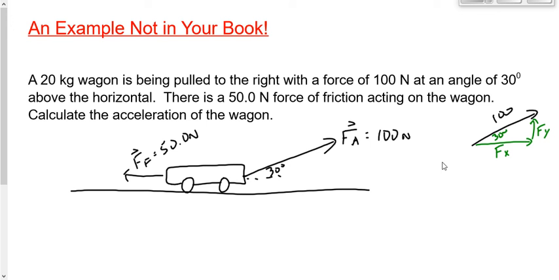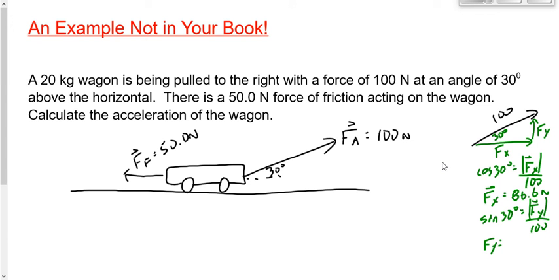Cosine 30 degrees is equal to Fx over 100, so Fx is 86.6. Sine 30 degrees is equal to the opposite over 100, so Fy is 50 newtons.